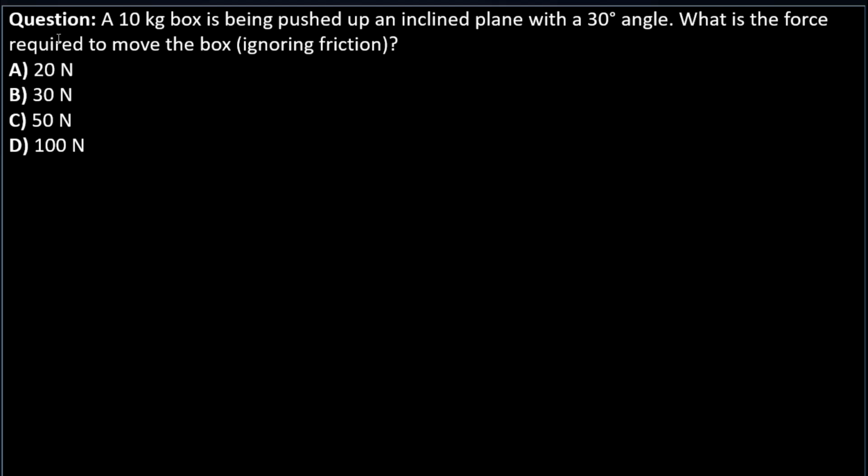Another problem is here. A 10 kg box is being pushed up an inclined plane with a 30-degree angle. What is the force required to move the box? So F equals, we need to place the equation. F equals m times sine of the angle, where the angle is 30 degrees.